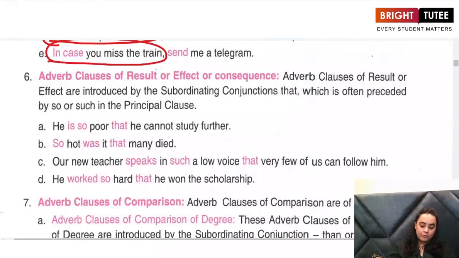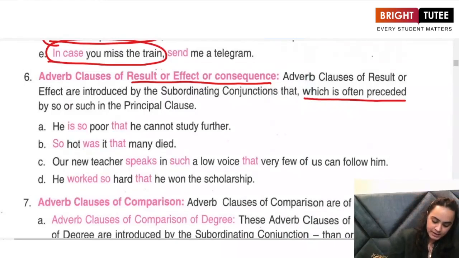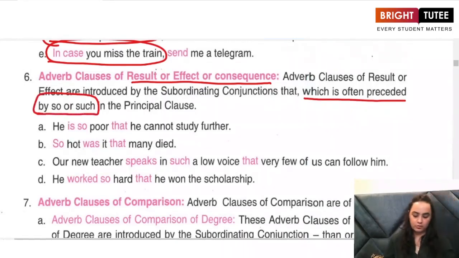Adverb clause of result or effect or consequence. When you talk about the result of something or the effect of something or the consequence of something. Now, what are the subordinating conjunctions that we use for such adverbs? Which is often preceded by so or such in the principal clause.